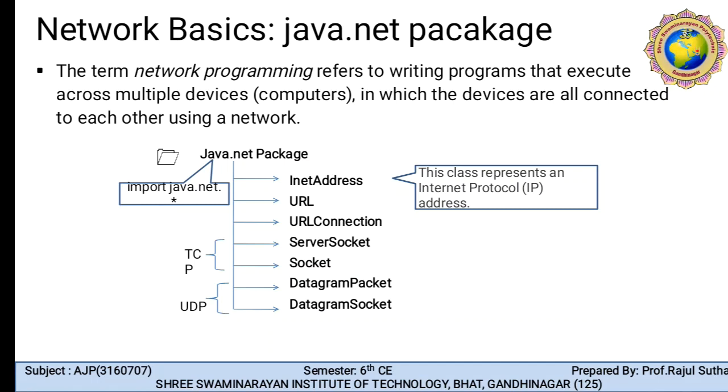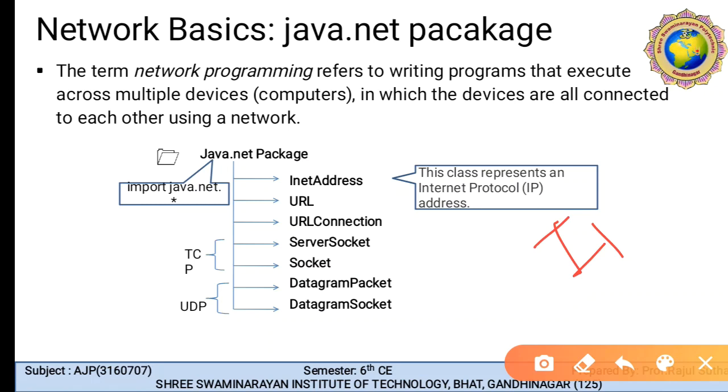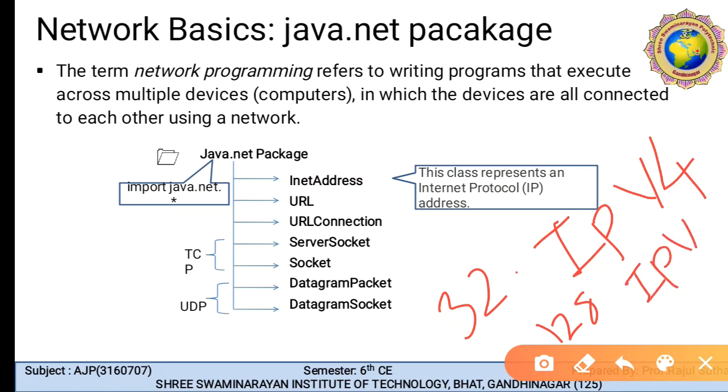First one is IPv4, which is a 32-bit value, and the second is 128-bit, IPv6. We are all familiar with IPv6.